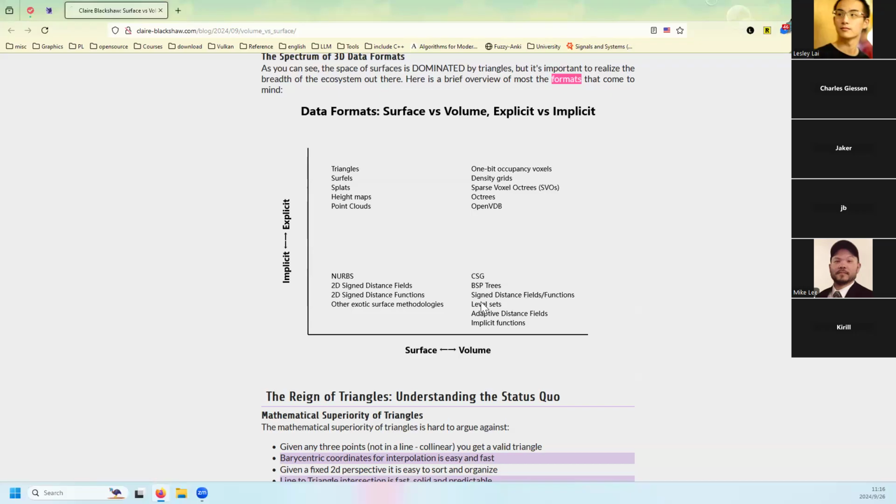Level sets are like signed distance fields, but they don't have that Lipschitz continuity requirement where the distance has to be valid. Level set refers to a constant value, and you can trace out where the boundary of that value is. I just remember this term from calculus class, but I've never seen it in a graphics context. Yeah, same.